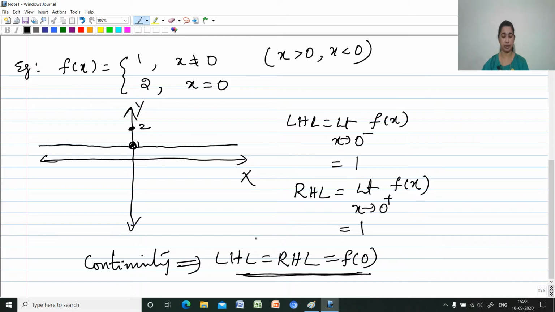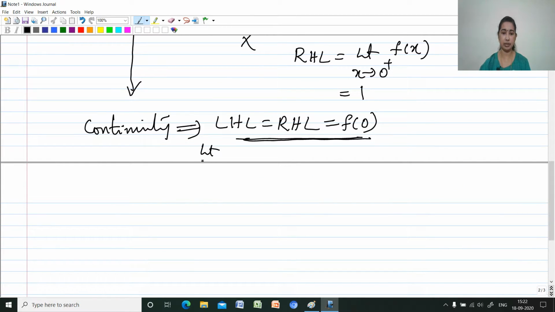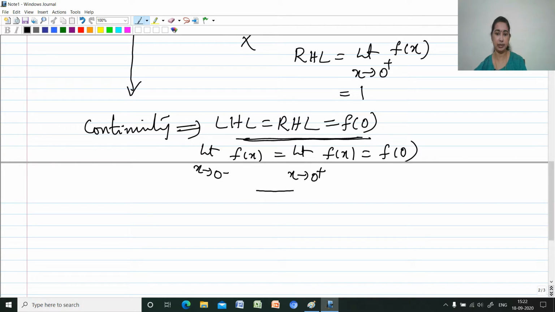Hope you understood what continuity is. LHL means left hand limit, that is limit x tends to 0 minus f of x should be equal to limit x tends to 0 plus f of x should be equal to f of 0. Then we say that it is continuous.